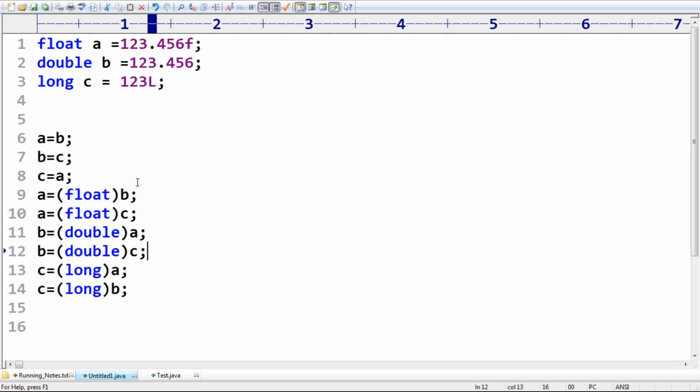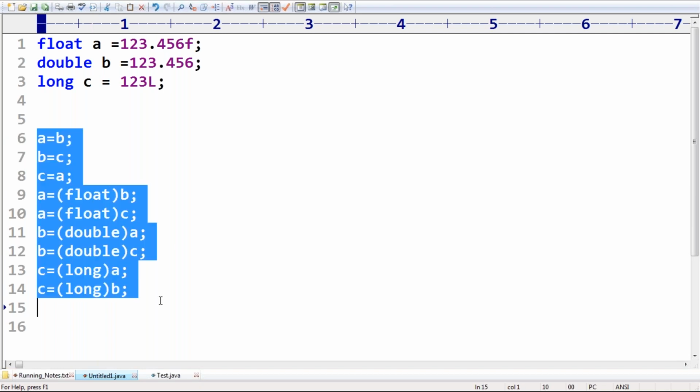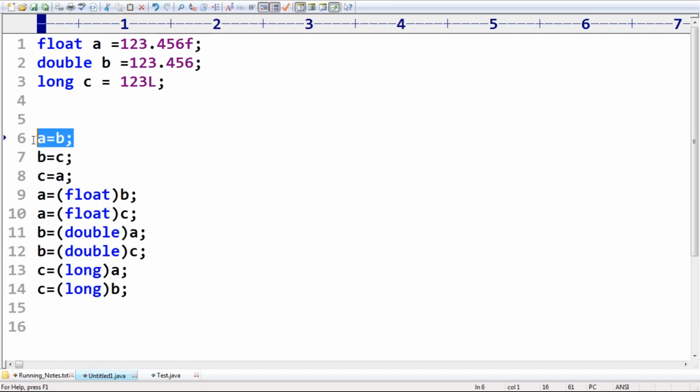Among these, which are valid, which are invalid, friends? So here A is equal to B. B means a double value we are trying to assign to the float: invalid. Next, C is equal to B. C means a long value to the double: valid.